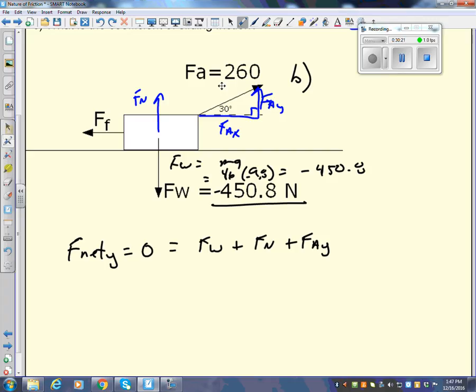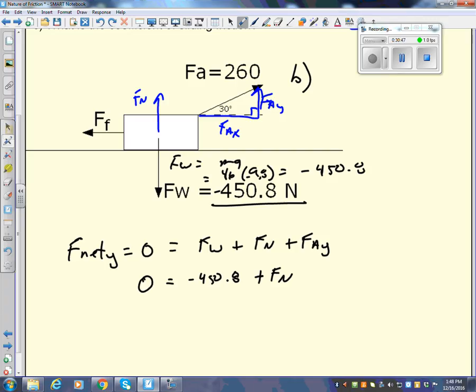Are the negative signs important here? Oh, yeah. So 0 is equal to, what's the weight force down? Minus 450.8. What's the normal force up? We don't know. What's the FAY? Oh, I haven't got the FAY yet, do I?